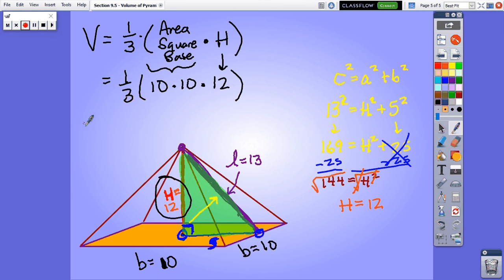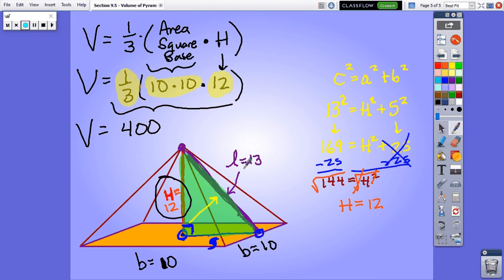All right, so then all of that multiplied out, and here's some mental math that we could do. 1/3 of 12, remember all of this is multiplication, so I can rearrange the order of the multiplication any way I want. 1/3 of 12 is 4, and remember we said 10 times 10 was 100, so 4 times 100 should altogether give us 400.